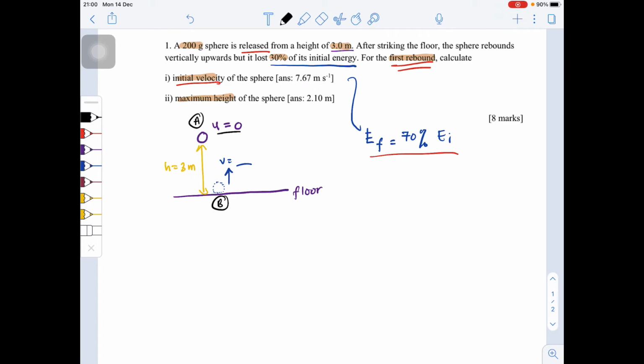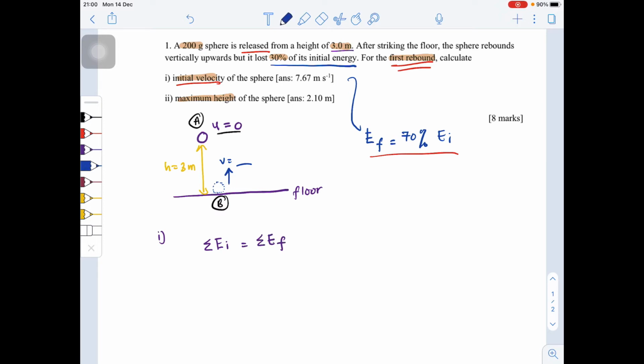So what we can do is, using the conservation of energy. We use a conservation of energy, which is the total of initial energy is equal to the total of final energy.